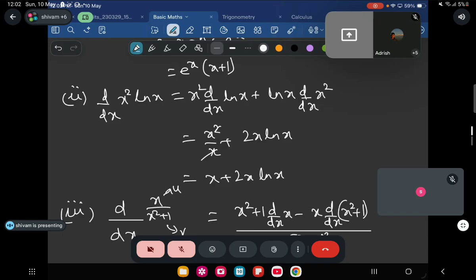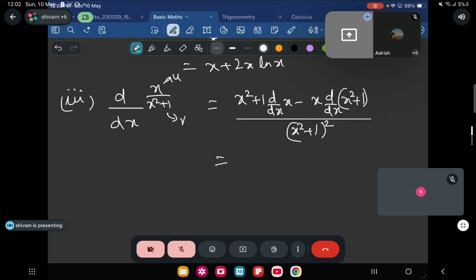Tell me, is it clear? Let us simplify. dy dx of x is 1, so it will become x square plus 1, minus x into dy dx of x square, which is 2x, isn't it? And dy dx of 1 is 0. Is it clear, Samriddhi? If anyone has any doubt, you can ask me, I'll explain.